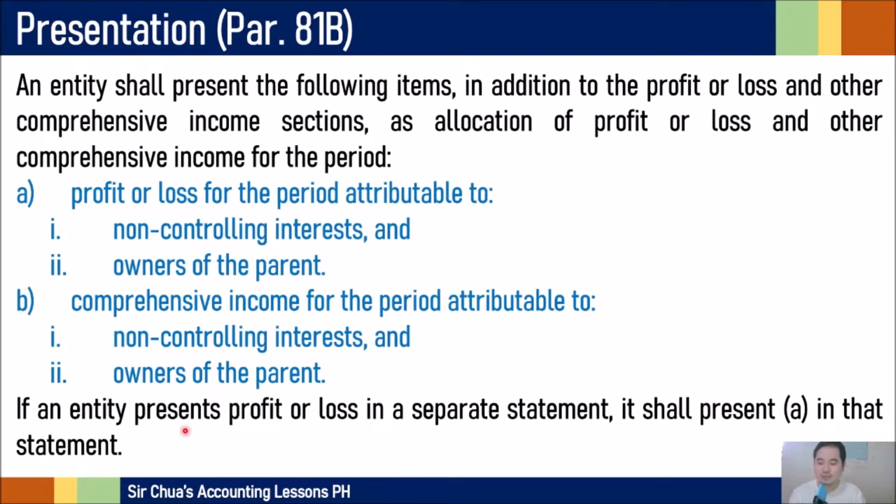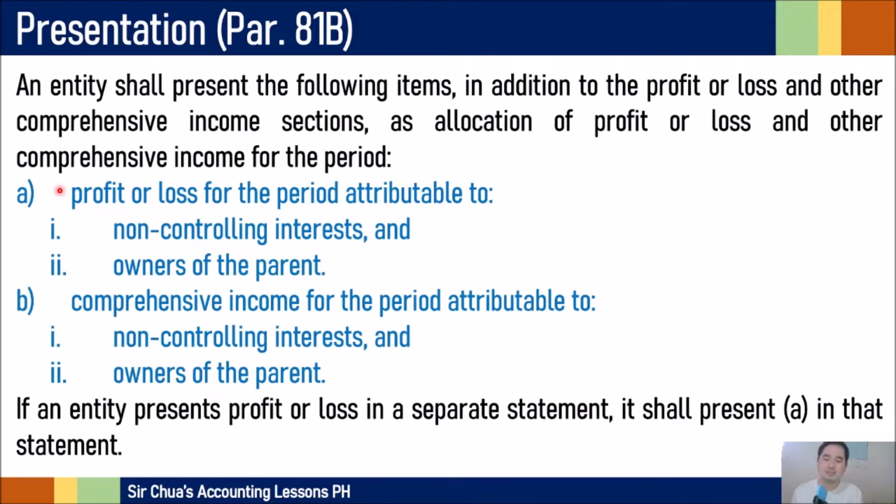Okay? Kung sakali daw po na separate po ang presentation ng profit or loss sa comprehensive income, yung letter A daw po, ito, yung non-controlling interest and owners of the parent ay naka-report daw po yung attribution or yung allocation na yan dun po sa statement na nagre-report ng profit or loss natin.